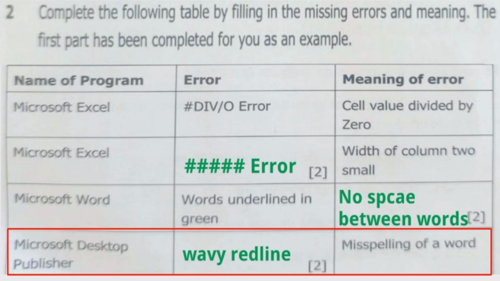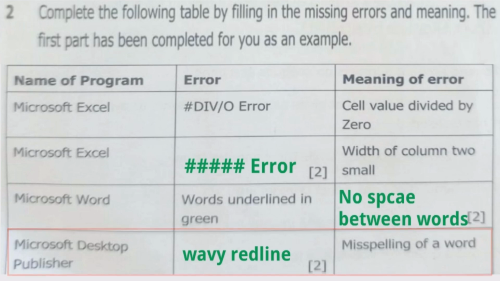Okay, so the word that is misspelled will be underlined with a wavy red line. So basically that's how you answer question 2, and you just have to fill in 3 gaps. Okay, and that's what we have done.